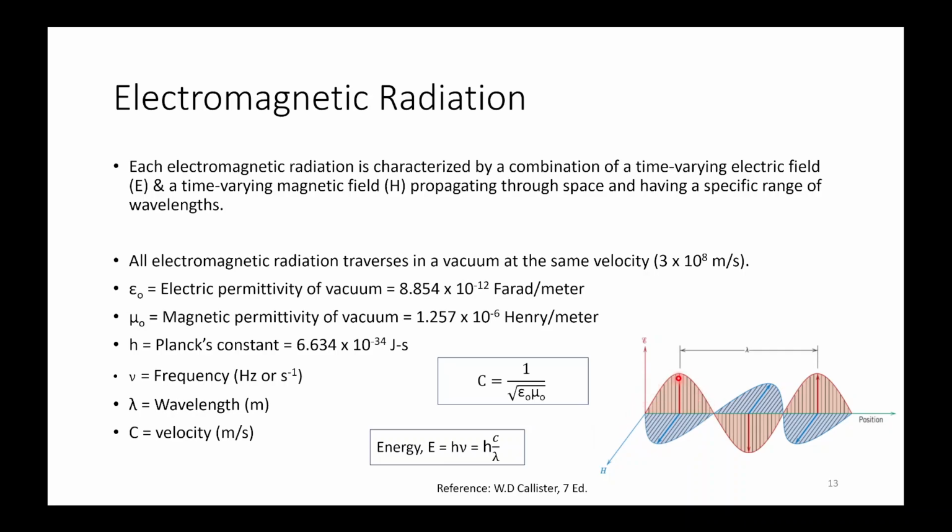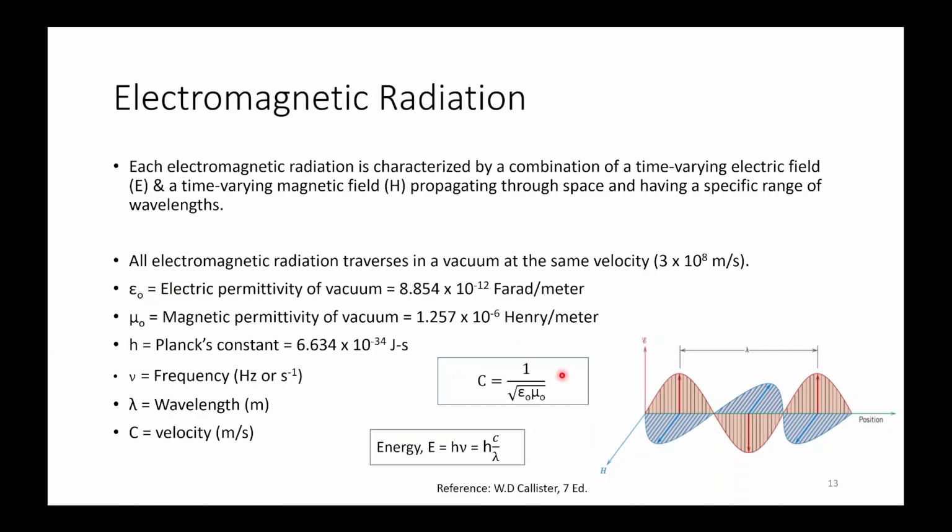These are at 90 degrees to each other, and the direction of propagation is the direction of movement of the radiation. It has a specific range of wavelengths. All electromagnetic radiation traverses in a vacuum at the same velocity, which is 3 times 10 to the power 8 meters per second.